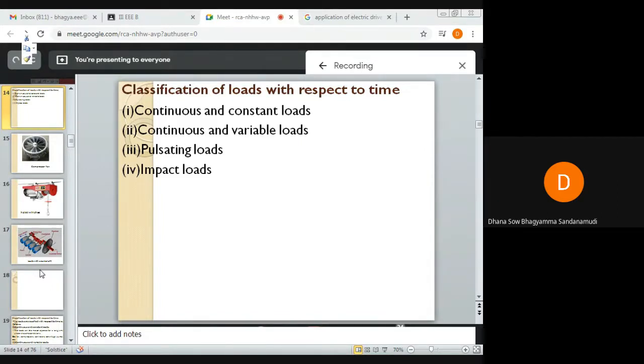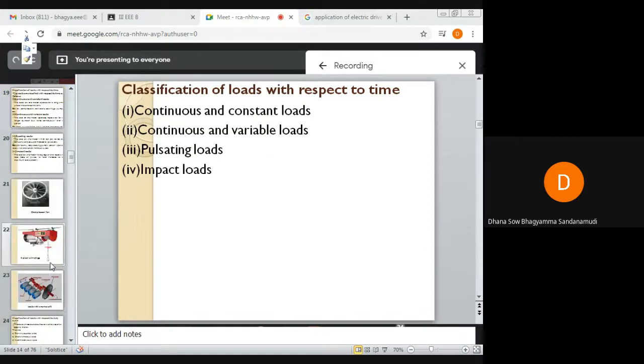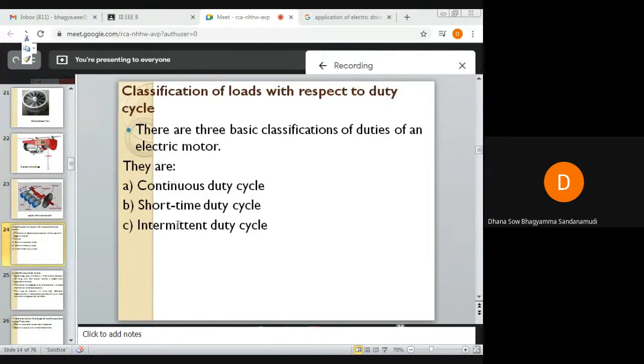Now let us see the classification of loads with respect to duty cycle. There are three basic classifications: continuous duty cycle, short time duty cycle, and intermittent duty cycle.